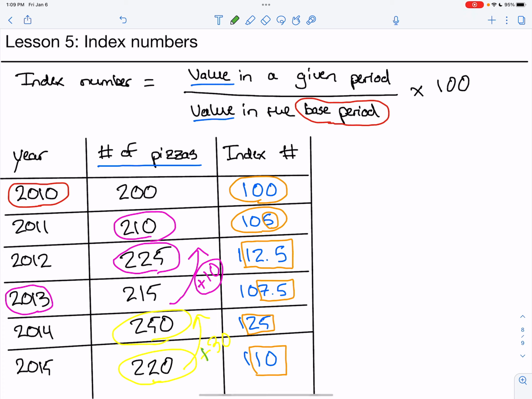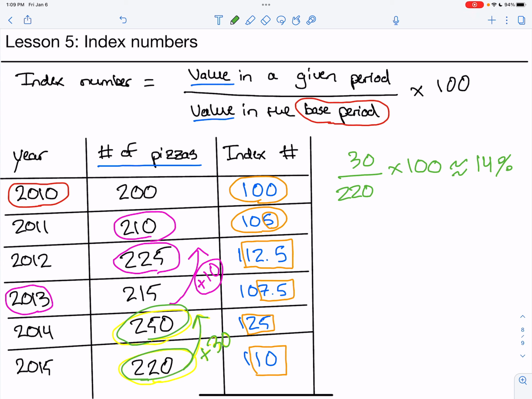Plus 30. Well, 30 divided by 220 times 100, which is approximately 14%. Well, 250 is therefore 14% higher than 220.